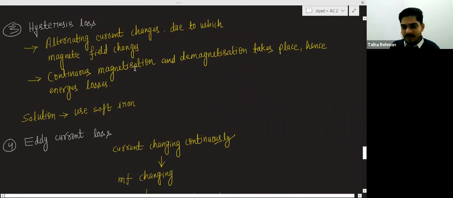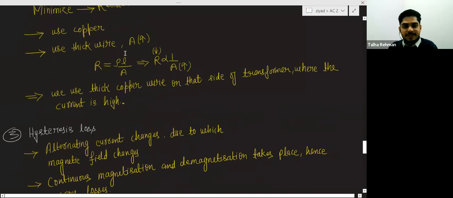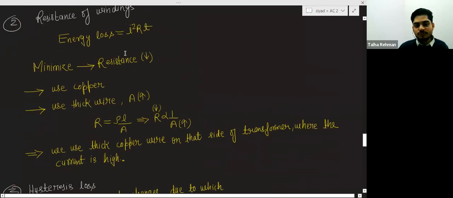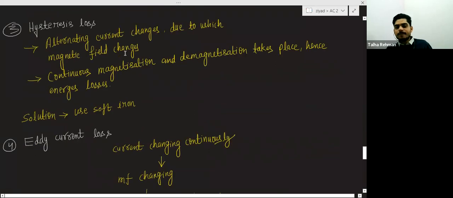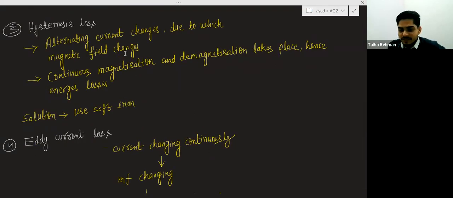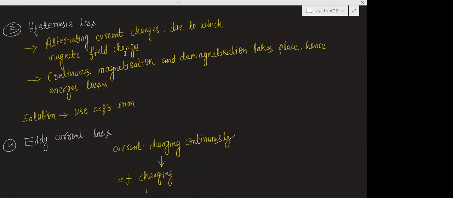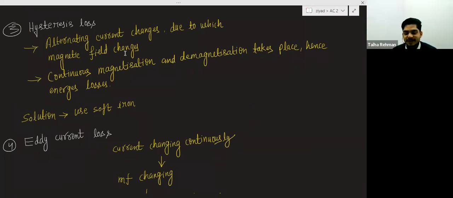Hysteresis loss means, basically, I have told you here is the alternating current, and due to the alternating current, the magnetic field changes. In the starting, I have told you. As the alternating current changes, sometimes it is maximum, sometimes it is minimum, sometimes it is zero.